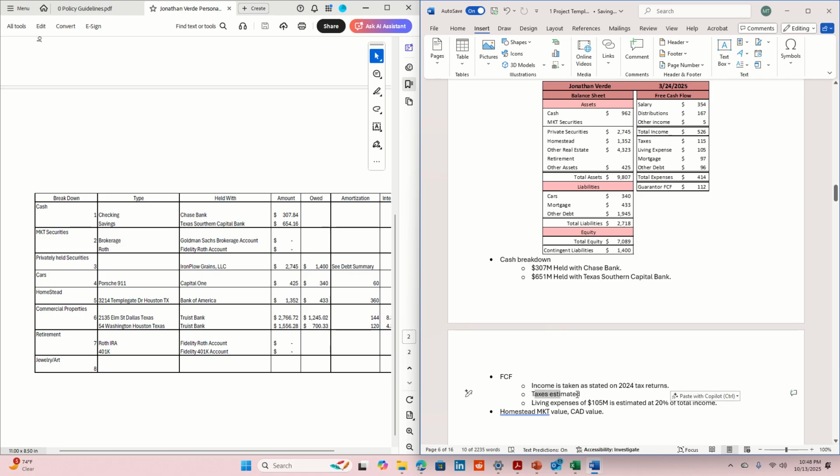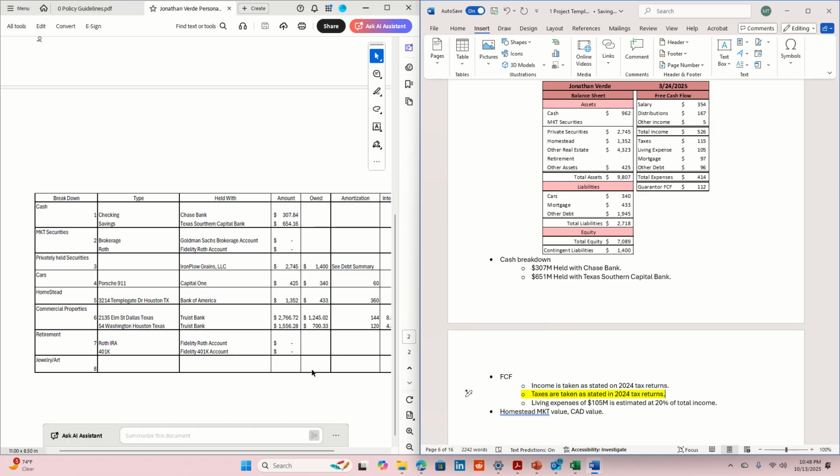Okay. Now, taxes. There's two ways you could have gotten taxes. You could have said taxes are estimated at 37% of total income, or you could say, and this is what I'm gonna say, taxes are taken as stated on 2024 tax returns.